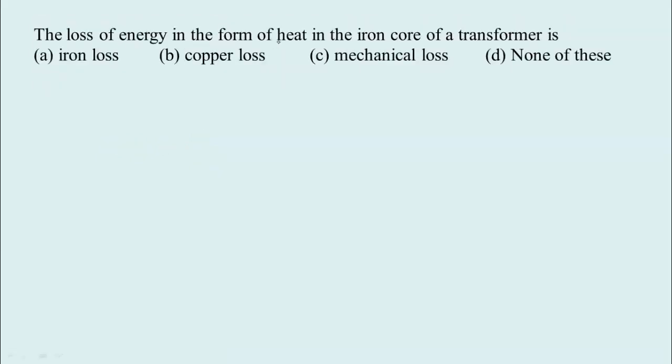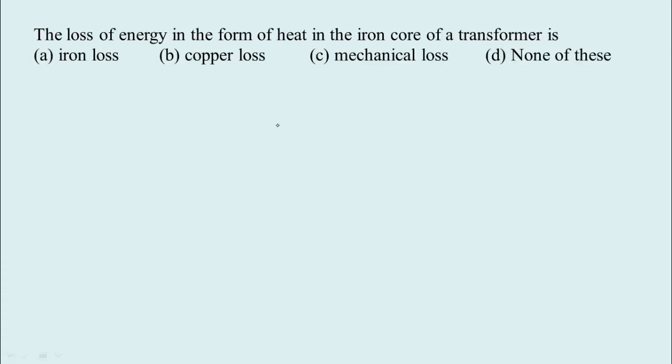The loss of energy in the form of heat in the iron core of a transformer is... The iron core of a transformer releases a large amount of heat energy. See here, when the magnetic flux linked with the coil changes, induced EMF takes place and eddy current is produced in the core.